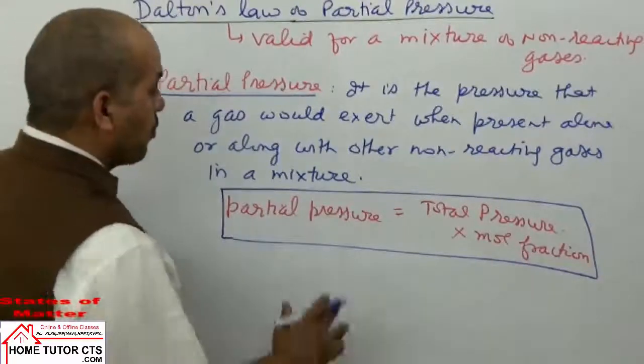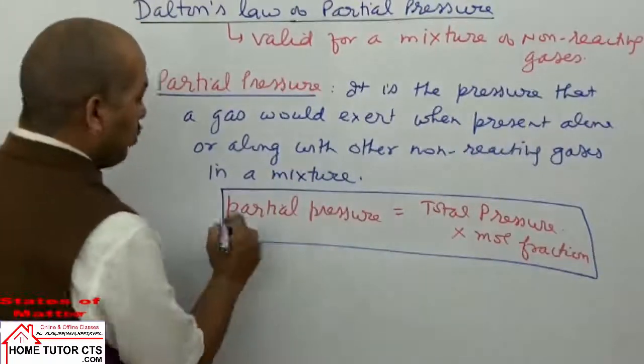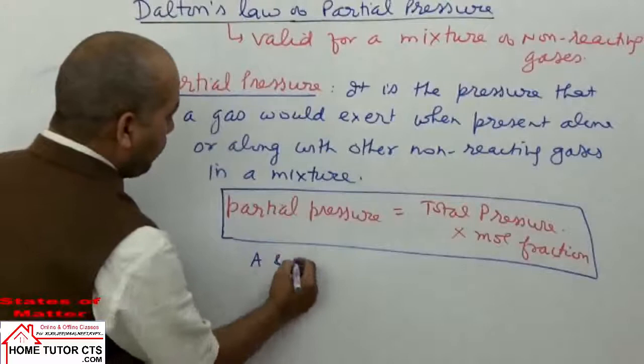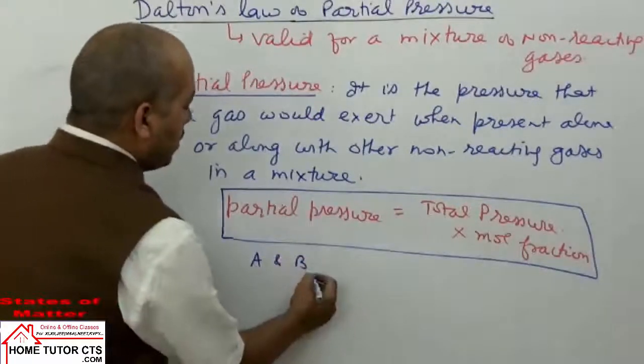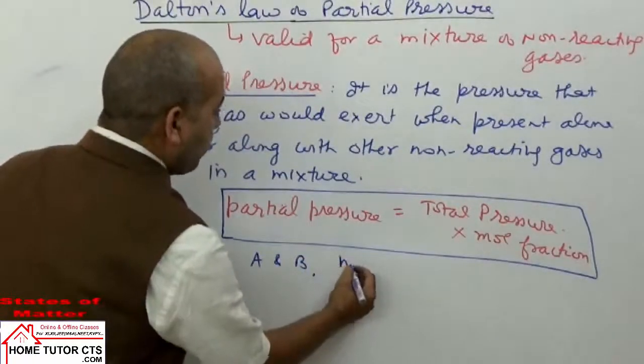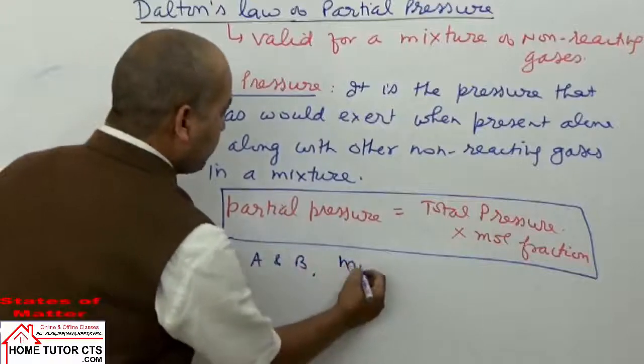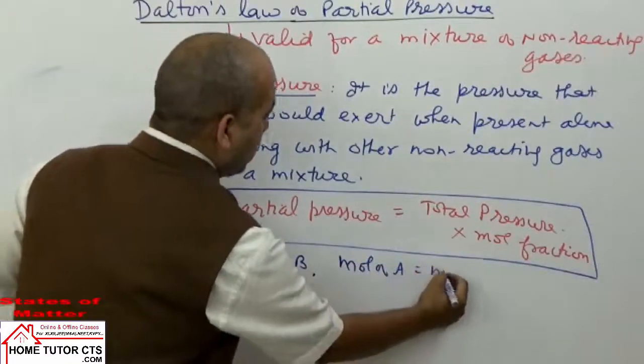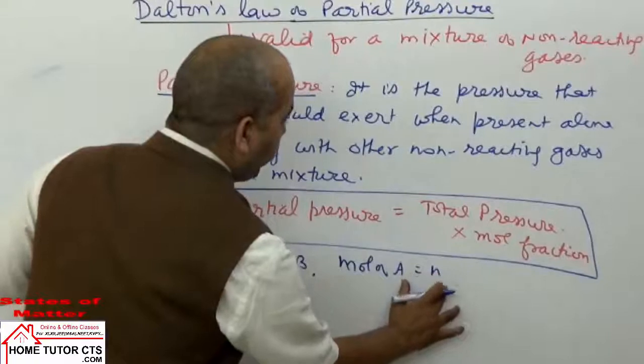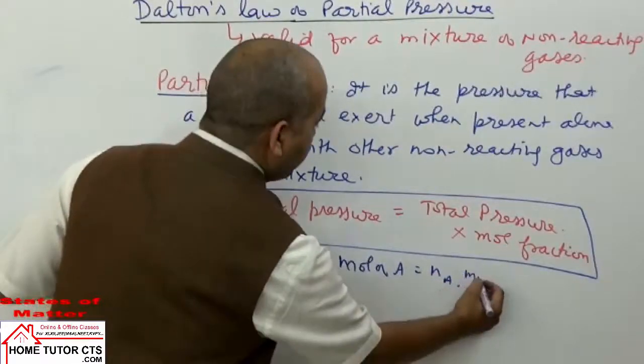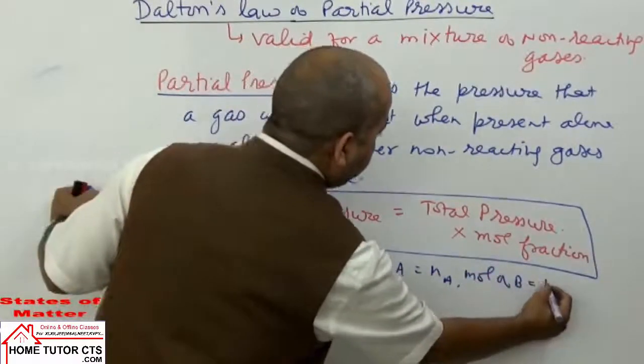Now how to find mole fraction? Suppose we take a gas mixture of two gases, A and B. Moles of gas A can be taken as Na and moles of gas B as Nb.